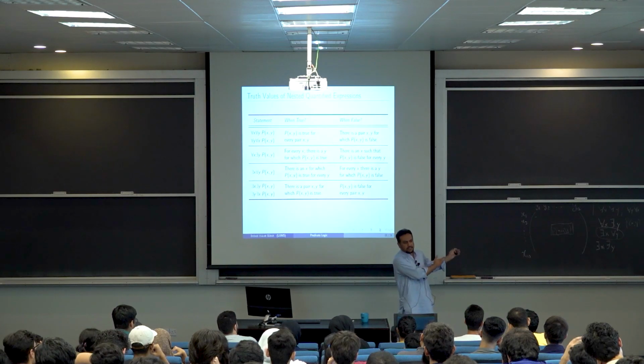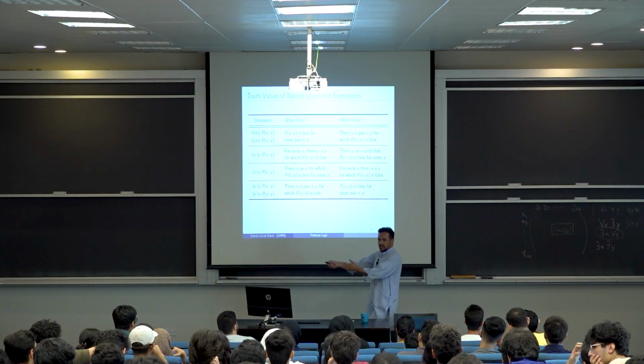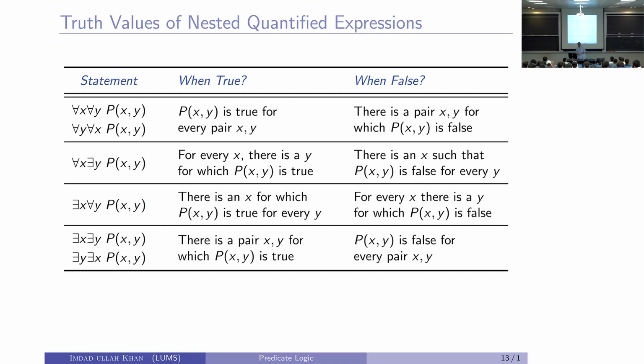So if that helps you, do it that way. If English helps, just think about it this way. It seems like this matrix is not really complete. There should be two more rows.